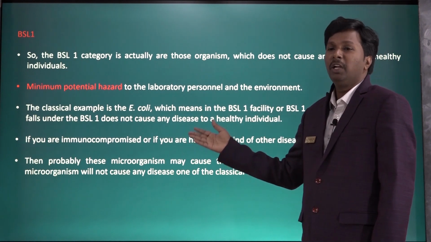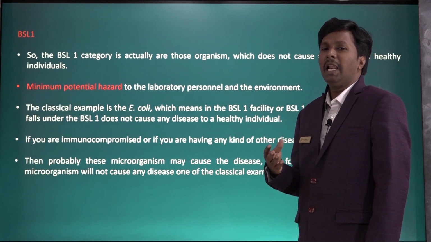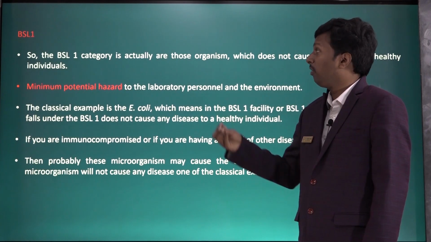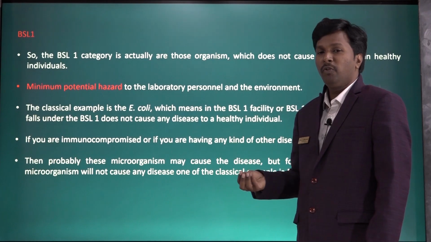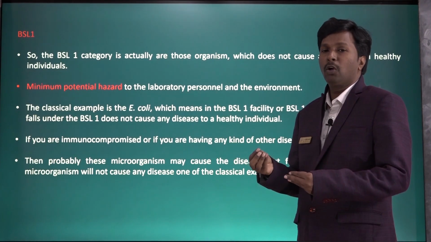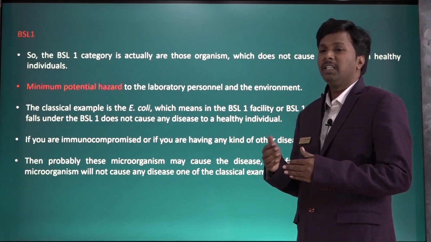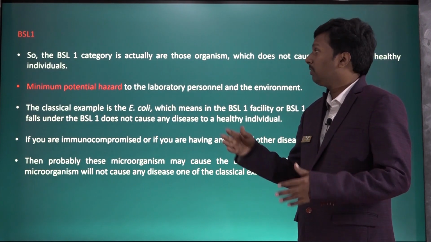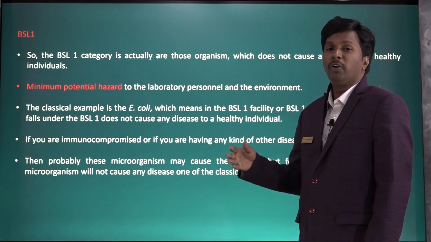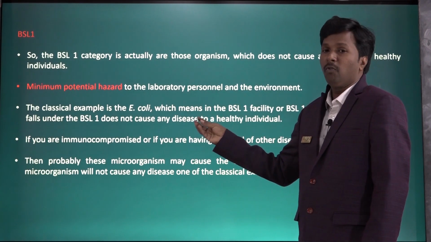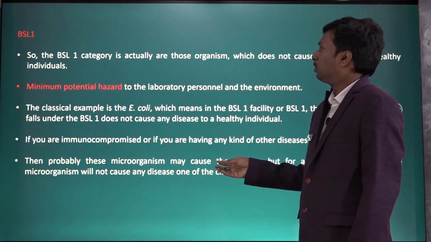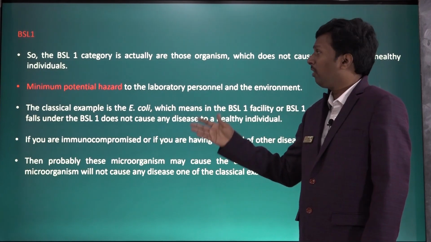So what lab rules do we have to follow when handling this low risk microorganism? We have to wear the apron, wear gloves, and wash the hands. These are the laboratory rules we follow when handling biosafety level 1 low risk microorganisms.